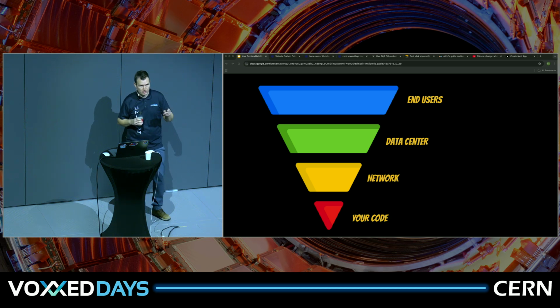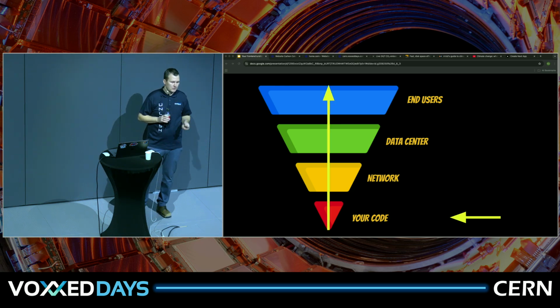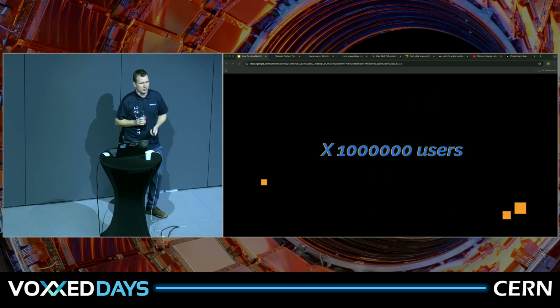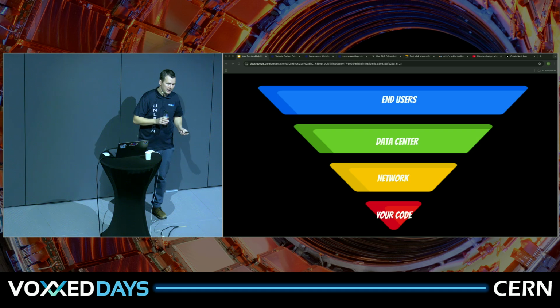The network, so all kinds of caching mechanisms can be important. And your code is a tiny, tiny world, but still we can make an impact there. Because if you look at the whole chain and you square 1 million users, then your triangle is going to expand. So you can make an impact there.